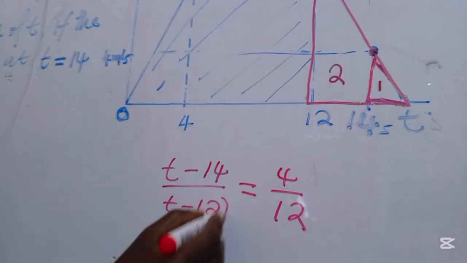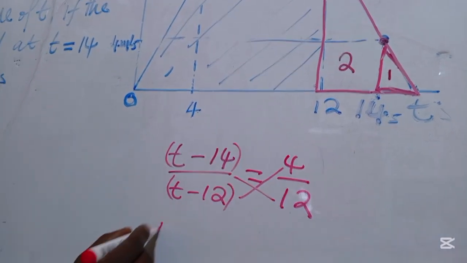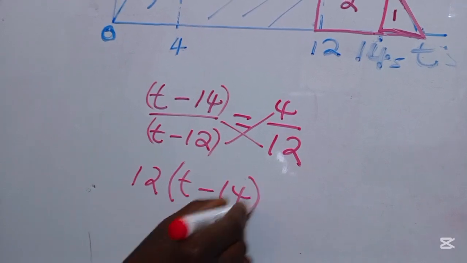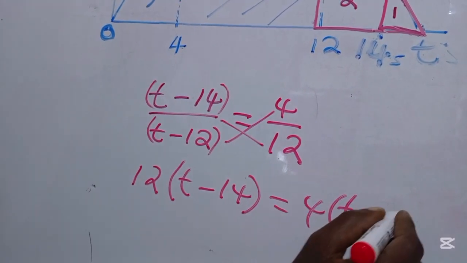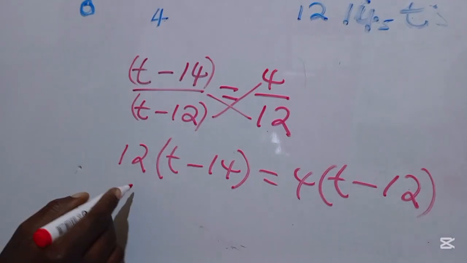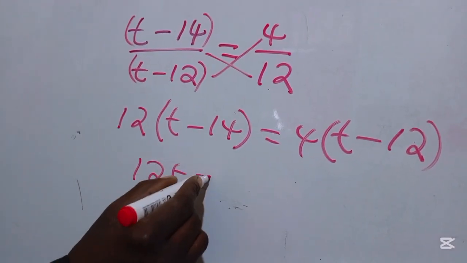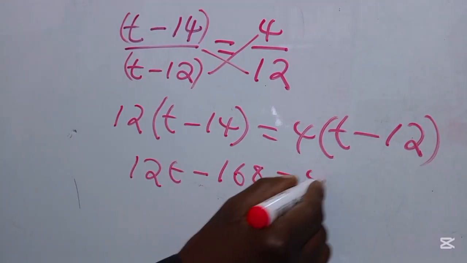From there, you put these in brackets and cross multiply. Once you expand this, you are going to have 12t minus 168 equals 40t minus 48.